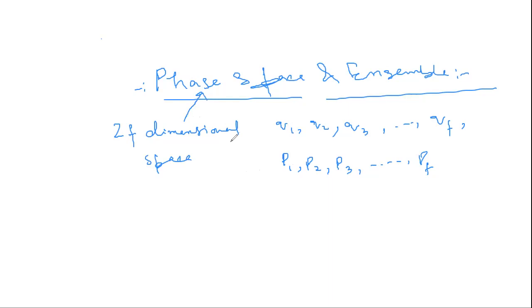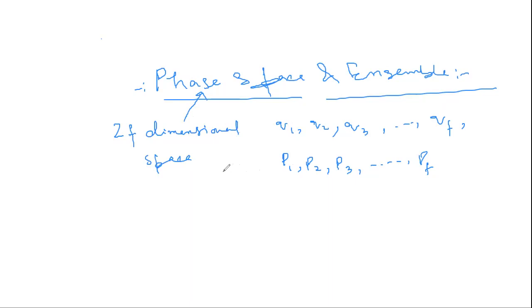Now in this phase space, each point will specify the state of the system, and if we know the location of the point in phase space, from that we can completely predict the future behavior of the system.